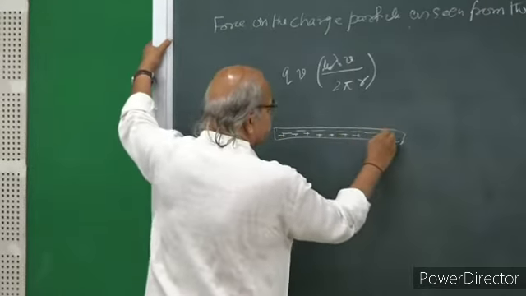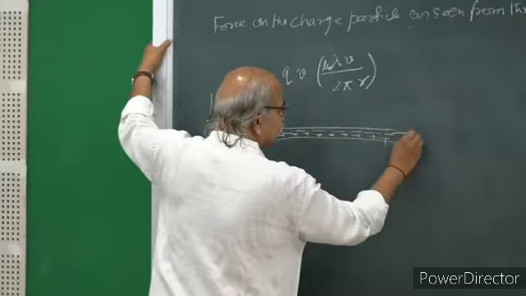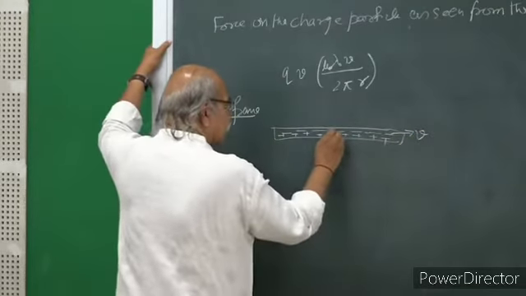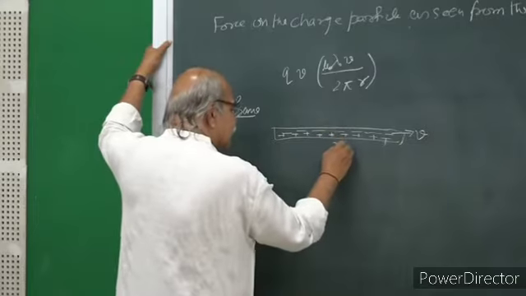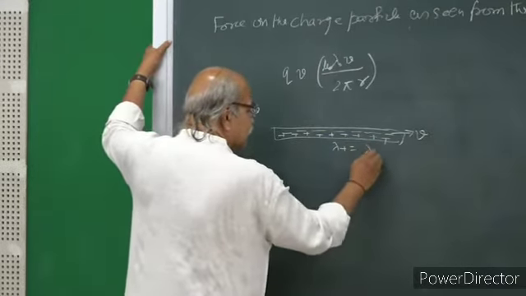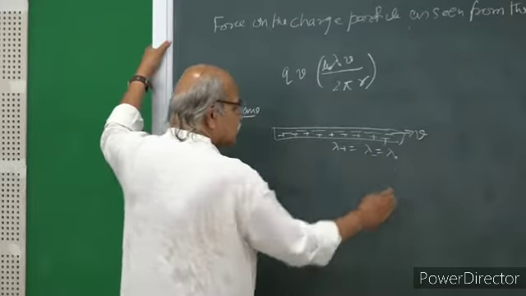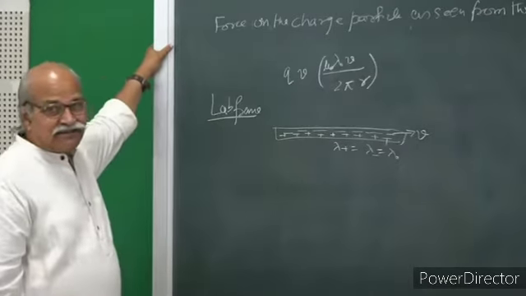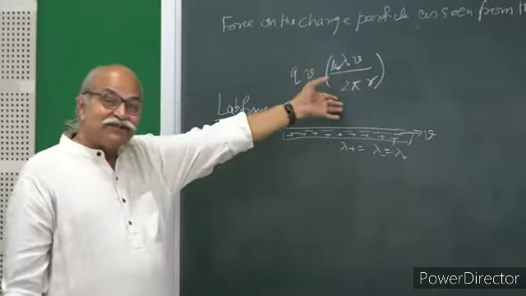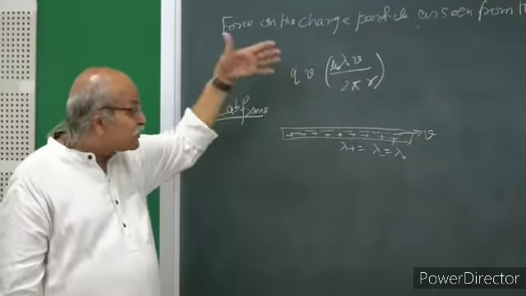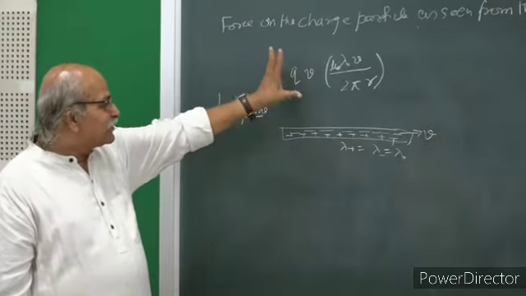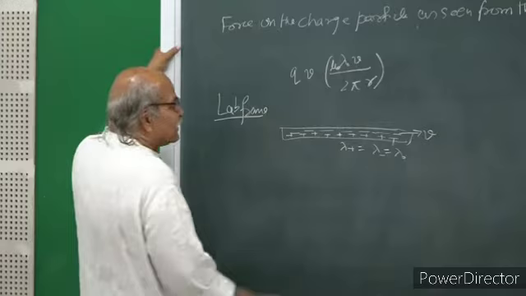So, there is a current here, moving with velocity v, and the charge densities were the same, lambda plus equal to lambda minus, and that is equal to lambda naught. So, there is no electric field, but the force is there. So, there has to be another kind of field which exerts force in the lab frame, and you can recognize what it is.